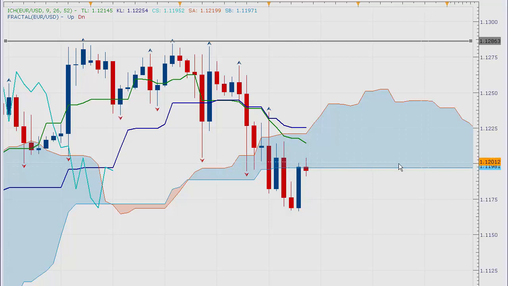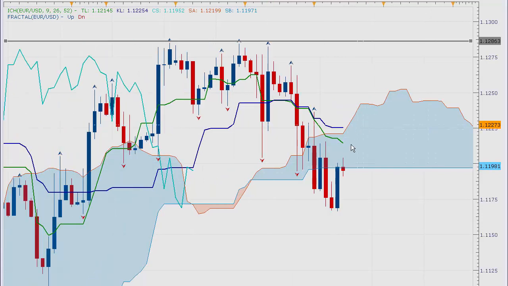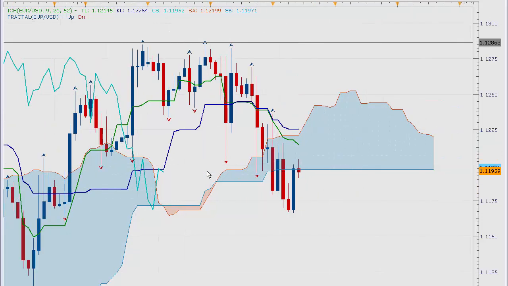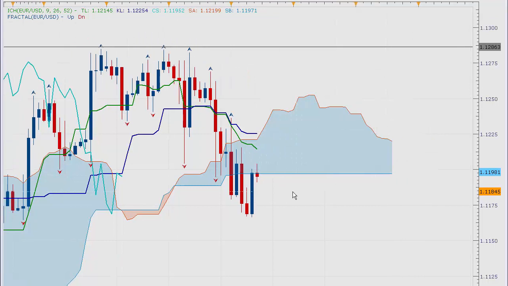We've got a flat Kumo, so that indicates that price has been not breaking any lows. And we've got a nice doji forming. I thought the market was open then, but it's not open yet.